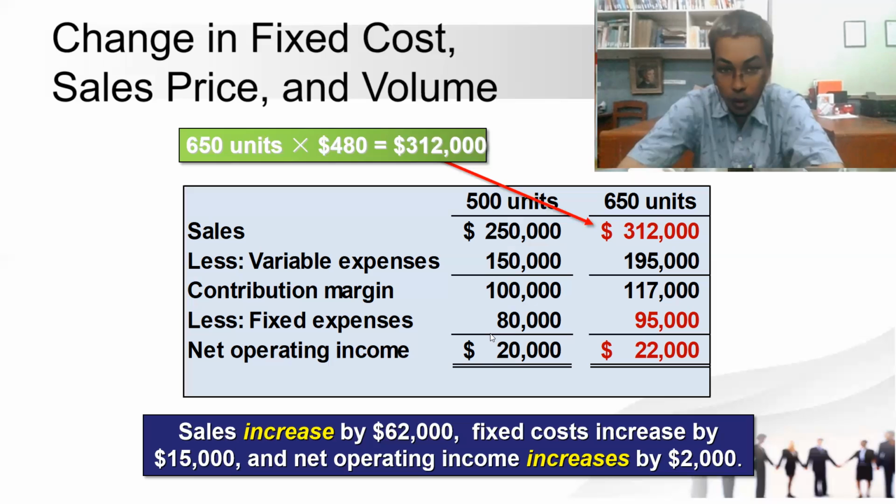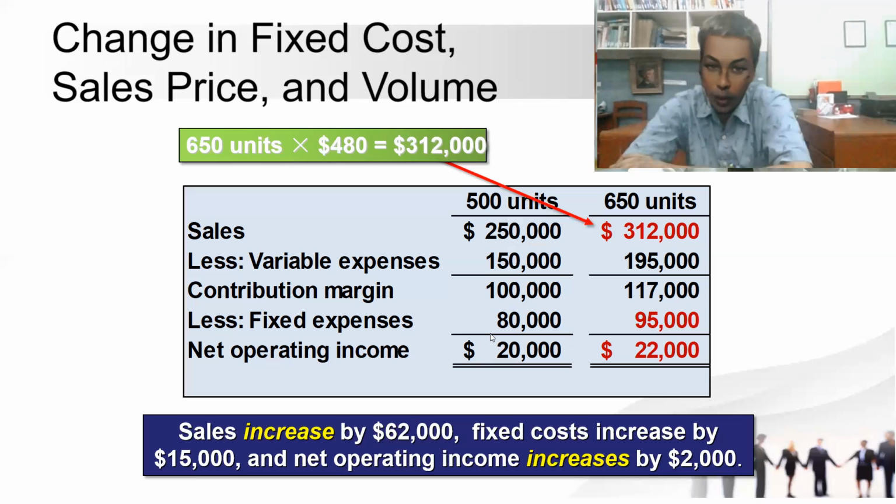And our fixed expense. What about fixed expense? You will notice fixed expense is 95,000. It is not the same as 80,000. Why do we have 95,000 when we are looking at fixed? Therefore, this is not a fixed expense because it increased.